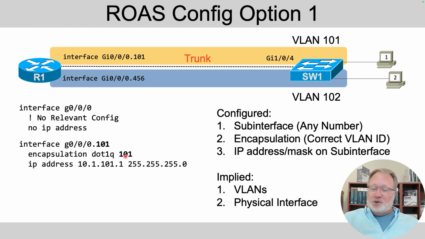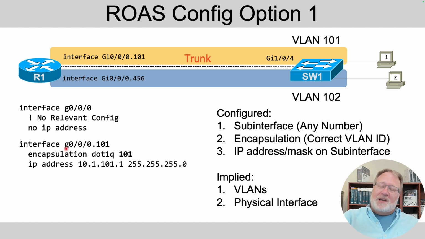And what it says is we're doing trunking. We're using, of the two types, ISL and dot1q, we're using dot1q. It's the only one that's available today, but there's historical reasons for that. Encapsulation dot1q, and we give it the VLAN number. This is the number that must match the VLAN number used on the adjacent switch.